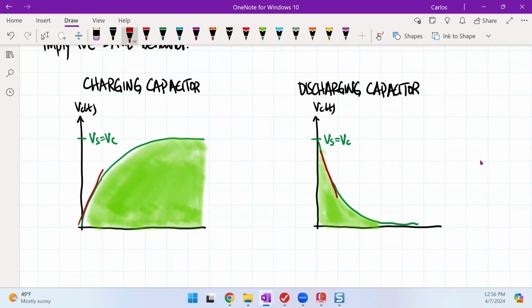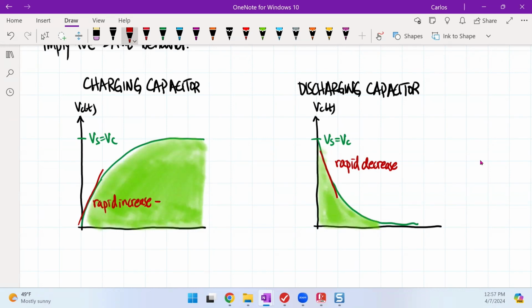So what does that mean? Well, there's a rapid increase. Over here, there's a rapid decrease. And I'm only looking at the slope.